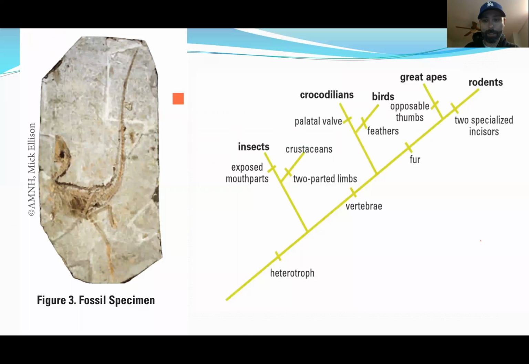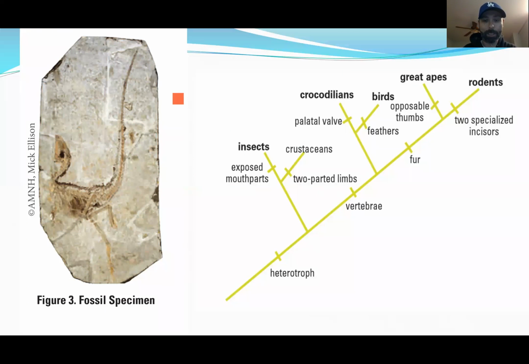Once you did that, then you get to this part of the lab. So here's the basic story: scientists find this fossil of this guy, and they want to know what kind of animal it is. And so the first thing that we would do is look at its structure. We just look at the fossil. So based on just the looks, you need to make a hypothesis.